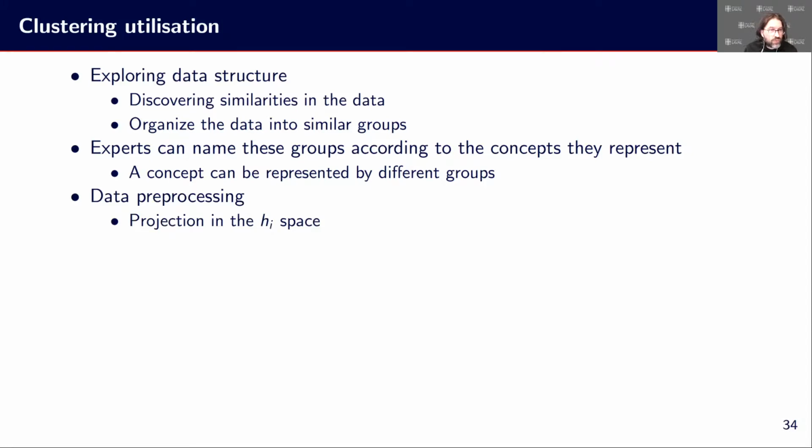It's also quite useful for data preprocessing. We can look at the value in the high-dimensional space. We can rely on this value of clustering to feed a classifier, for example, or we can project, we can make a discrimination in that space according to the assignment that is made to the different groups.